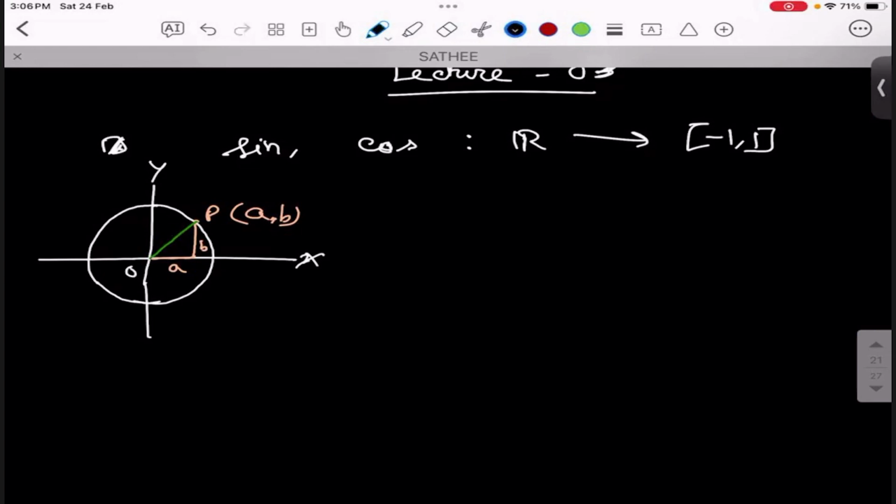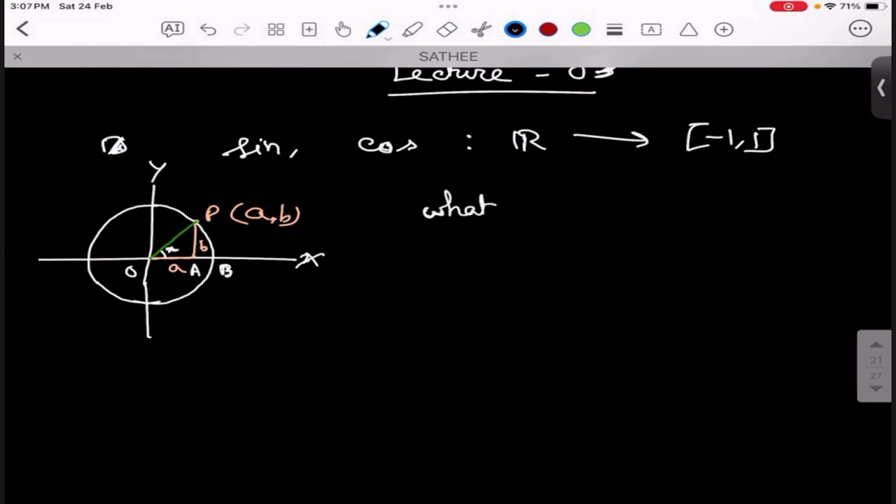This is O, this is our A, this is B, like this. Now here this is the angle x, which is measured in radian measure.